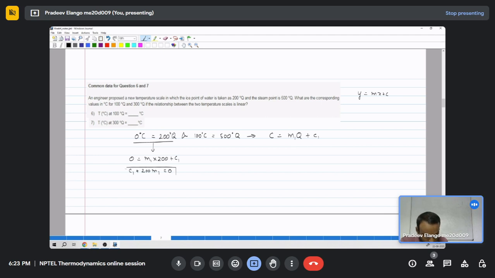This is one expression, and then from the second relation we will have 100 is equal to 500 m1 plus C1. So this is one expression, you can write this as 1, this as 2.